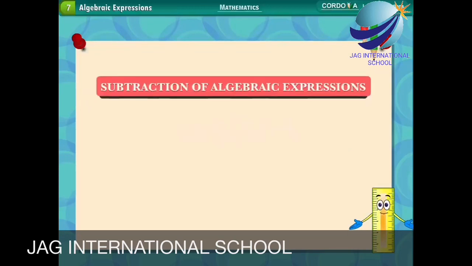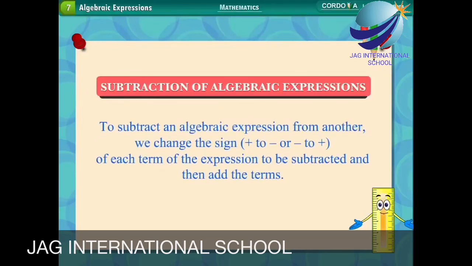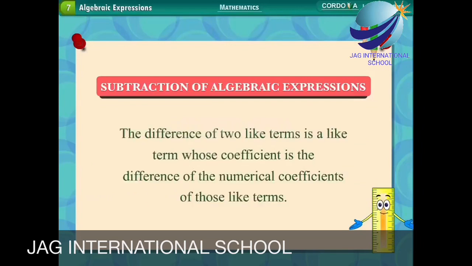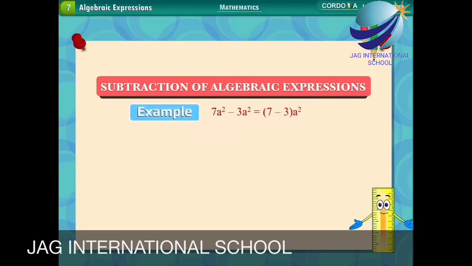Subtraction of algebraic expressions. To subtract an algebraic expression from another, we change the sign plus to minus or minus to plus of each term of the expression to be subtracted and then add the terms. The difference of two like terms is a like term whose coefficient is the difference of the numerical coefficients of those like terms.